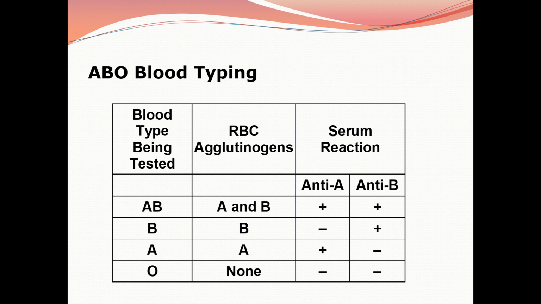In blood type A, the agglutinogen will be A, and the serum reaction will be positive for anti-B and negative for anti-A. And then in blood type O, there are no agglutinogens, and so there will be no serum reaction. And this is why O is the universal donor.